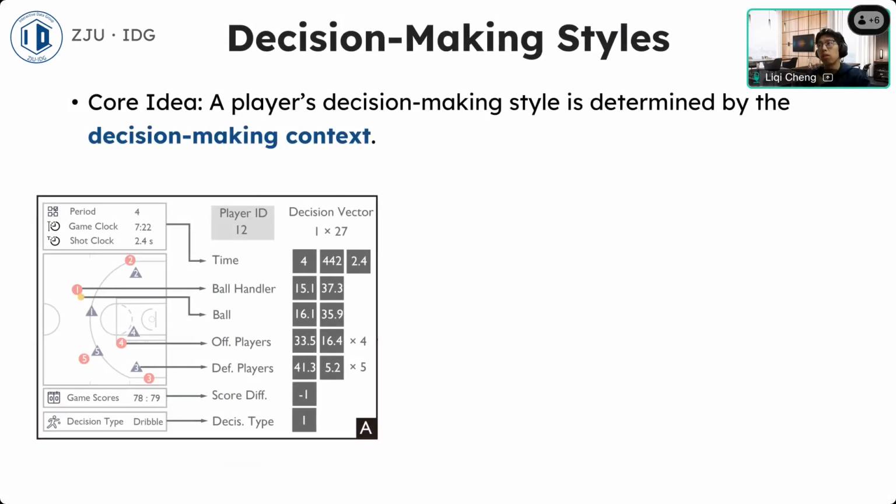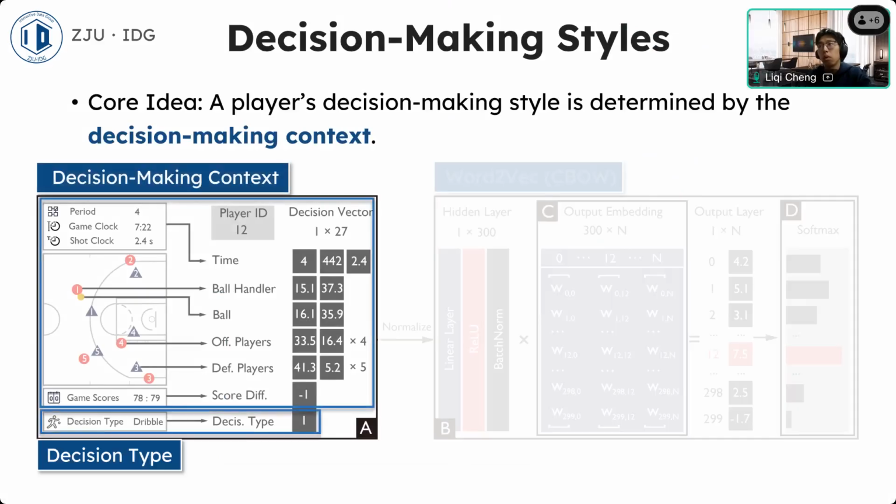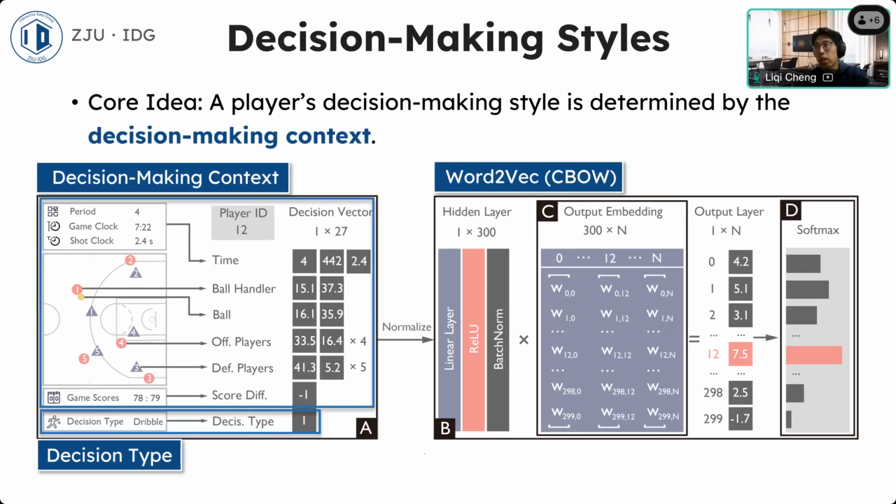To model players' decision-making styles, we draw inspiration from the idea behind word2vec. The meaning of a word is defined by its corresponding context. Similarly, a player's decision-making style is determined by his decision-making context. We represent the decision context as a feature vector, including factors like game time and the spatial distribution of players on the court.